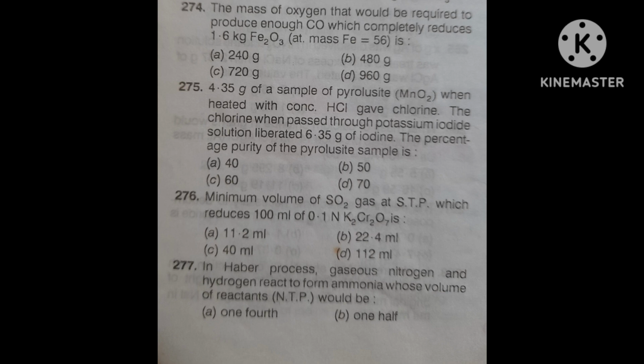Now, just think. I am giving you a hint. K2Cr2O7 plus H2SO4, actually acidic medium. The balanced equation will be K2Cr2O7 plus 4H2SO4, it gives K2SO4 plus Cr2(SO4)3 plus 4H2O plus 3O, nascent oxygen.